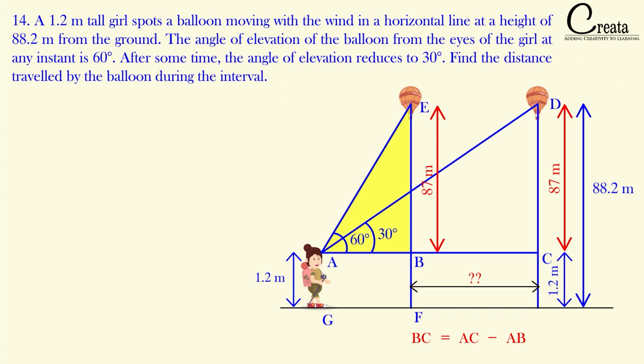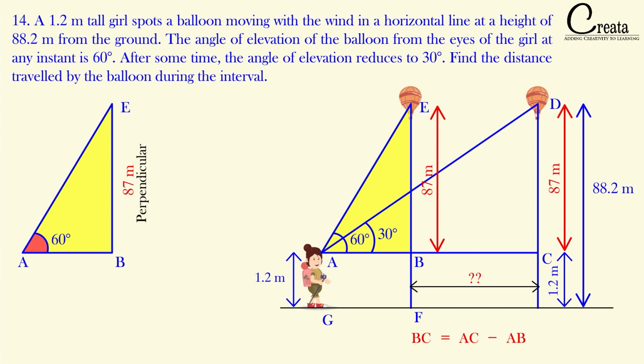Firstly let's take the triangle ABE, this triangle. Here the trigonometric angle is 60 degree and BE is the perpendicular opposite to the trigonometric angle and AB is the base of this triangle. So which trigonometric ratio will be applicable here? Here tan theta will be applicable as perpendicular and base are coming into the picture. So tan theta is equal to perpendicular upon base.